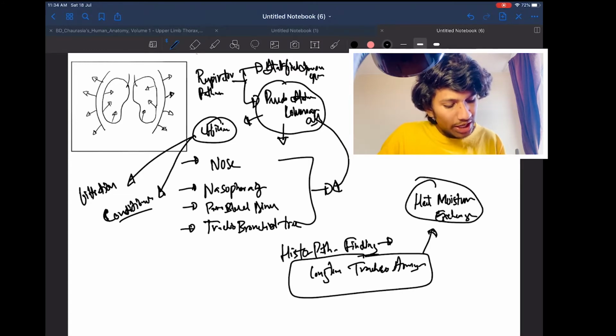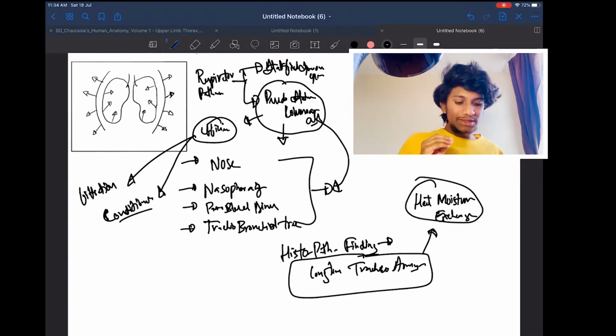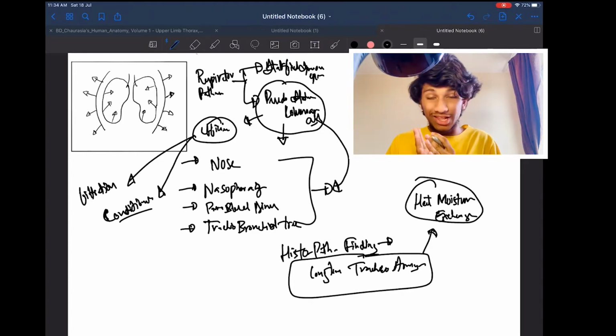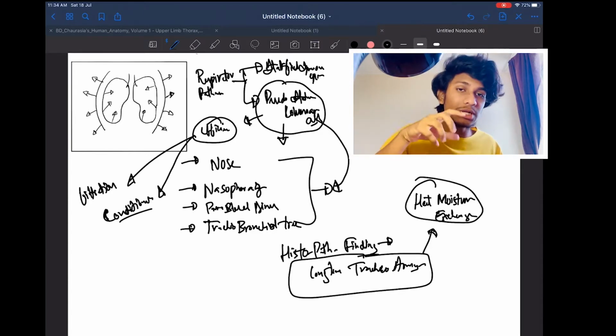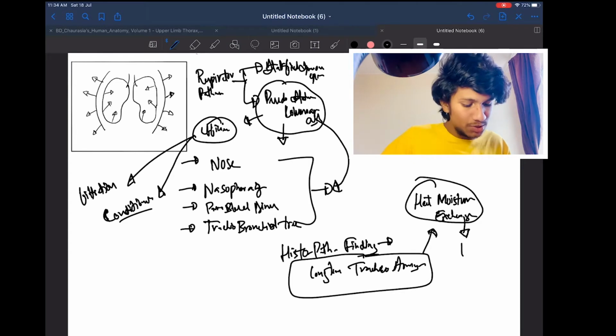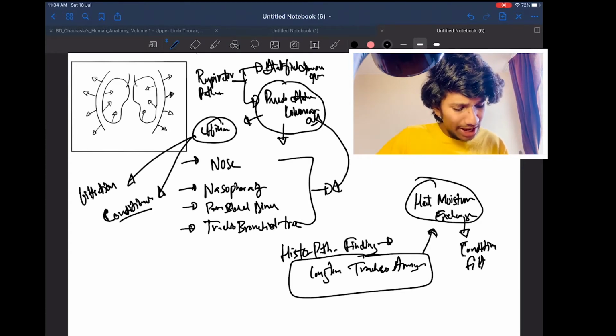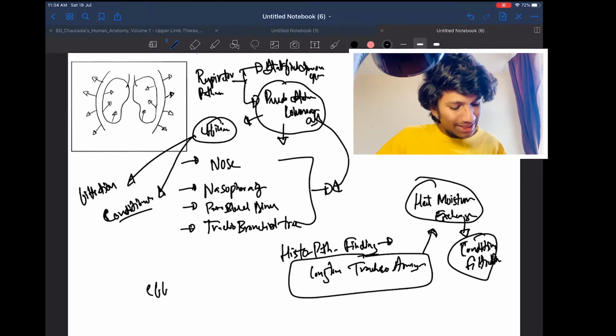The histopathological findings in the long-term tracheostomy patients showed that the heat moisture exchanger gave the conditioning and the filtration work less efficiently.